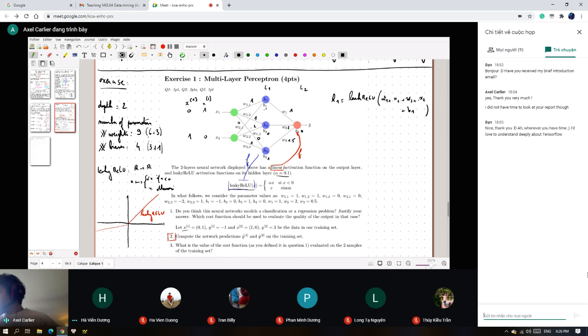Okay, so let's use the numerical values. W11 equals 1 multiplied by x1, 0. So this is 0. Plus W21, which is 0 multiplied by x2, so it's 0. And B1 is minus 1. So this is minus 1. And when we apply leaky ReLU to minus 1, we are on this part of the formula, we get alpha multiplied by minus 1, and alpha equals 0.1.